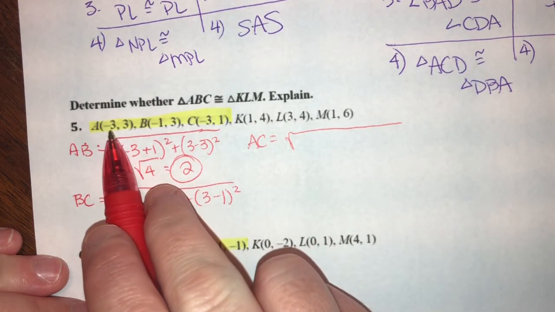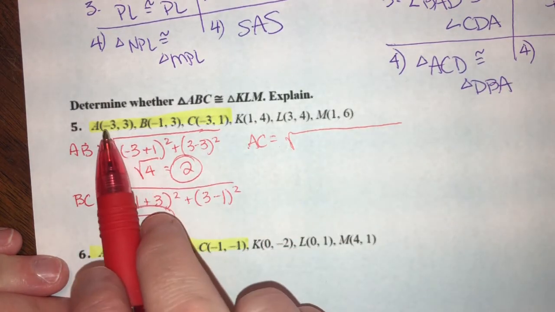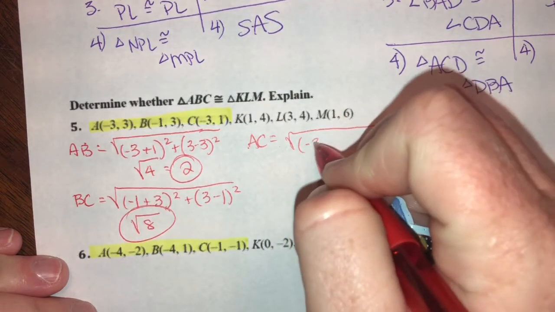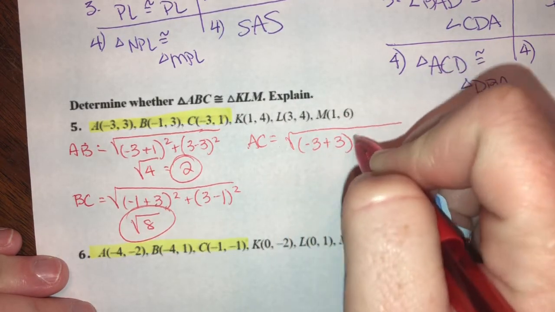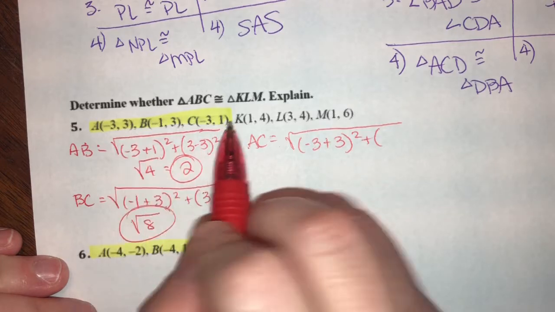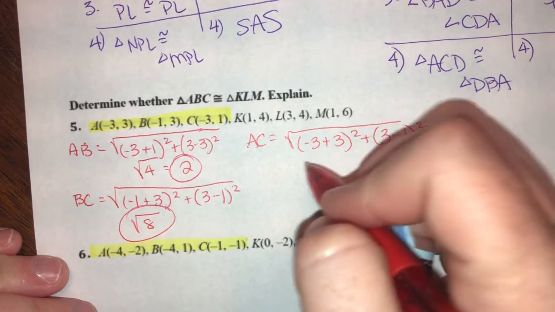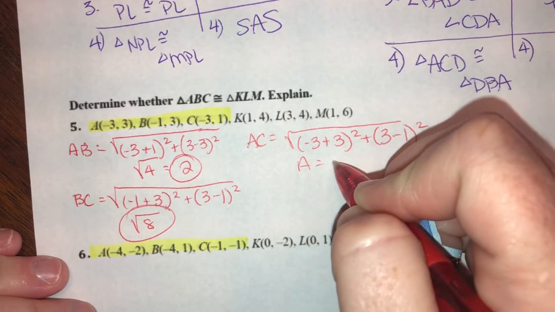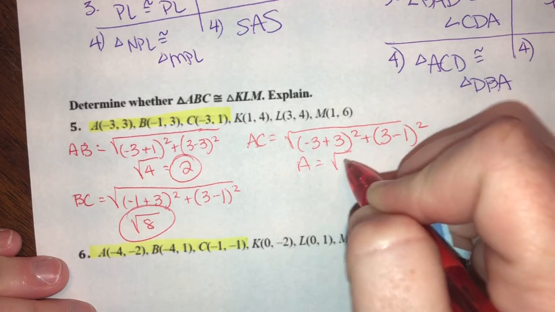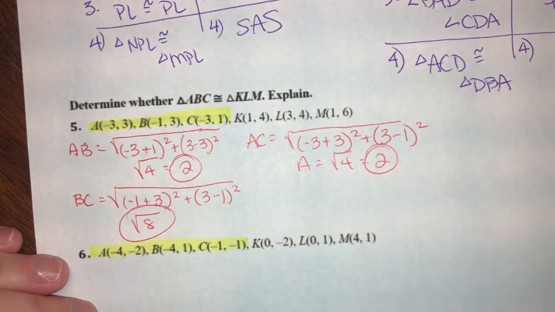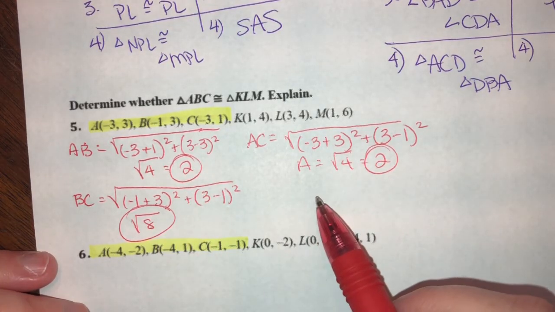Y minus y or x minus x, doesn't matter which one you start with. I'm going to do x minus x, -3 minus -3, and 3 minus 1. 3 minus 1 is 2, 2 squared is 4, so AC equals 2.